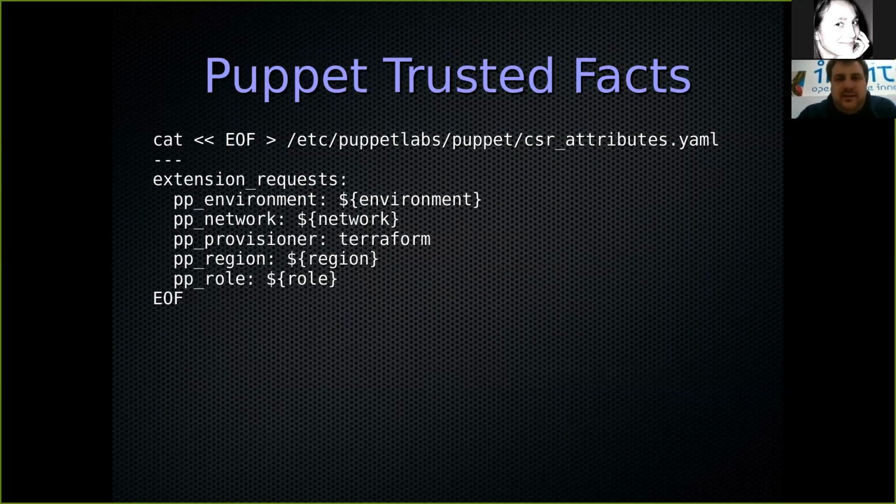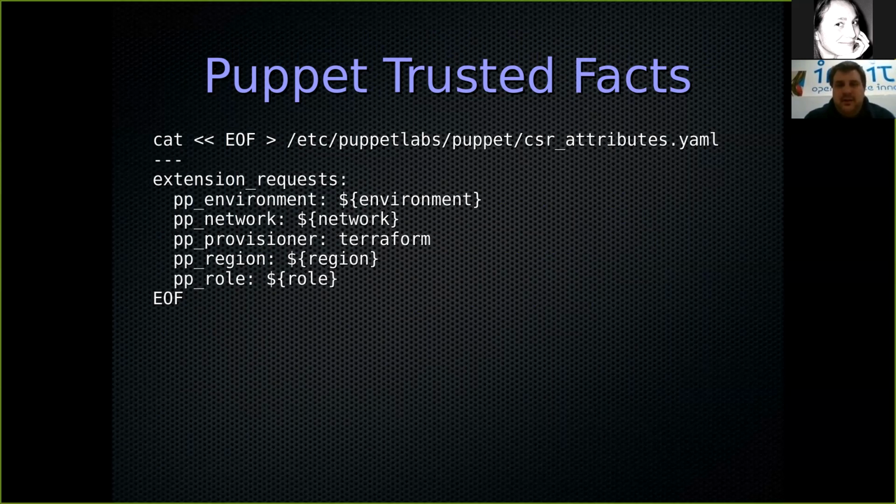Luckily, Puppet provides us a way to trust our facts a bit more. It gives us an option to sign facts into our certificate. Puppet uses a master client connection based on a certificate signed by the designated CA.